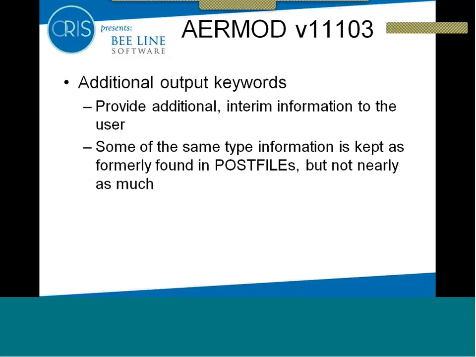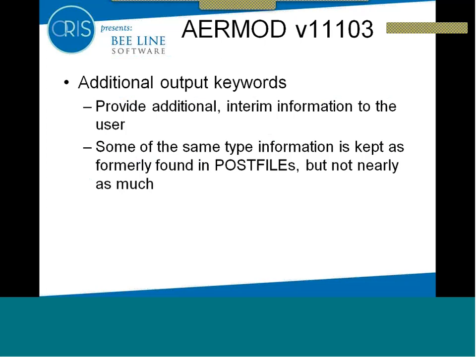Now, the other third thing, I guess, that we have in the new version of AERMOD, in addition to the post-processing and the background considerations, are these new output keywords that EPA has added to the model.